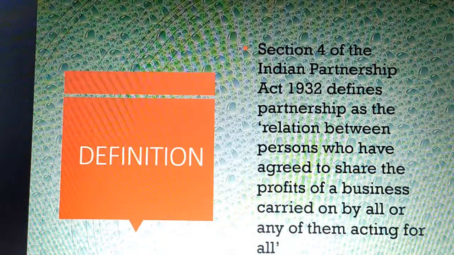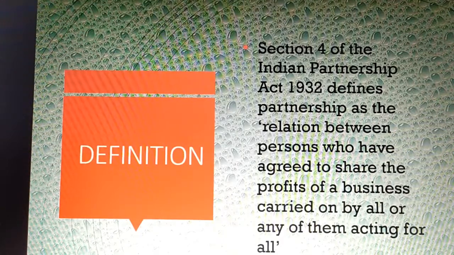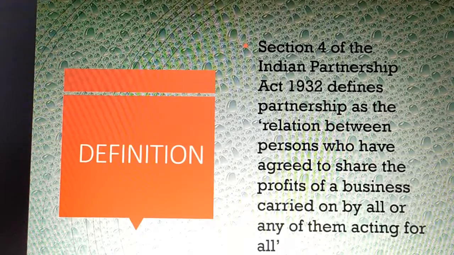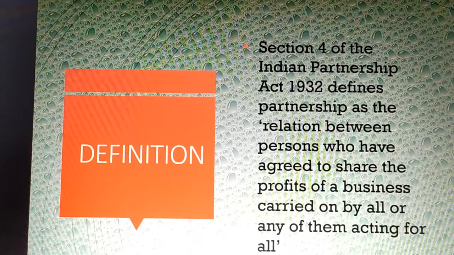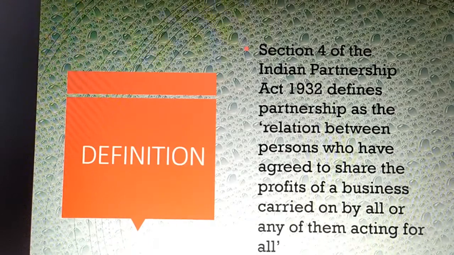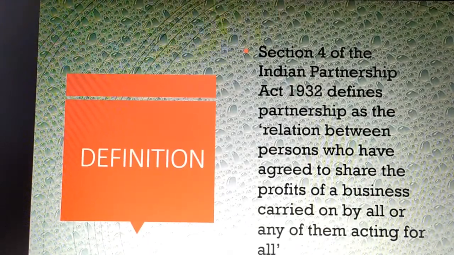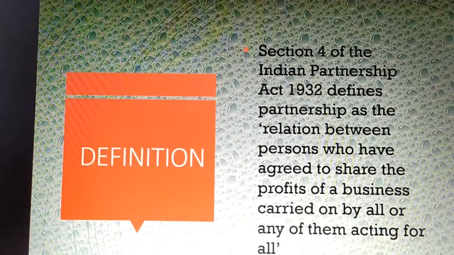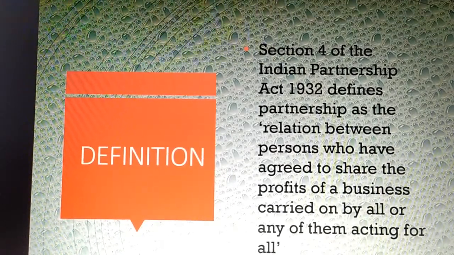Now to have a proper definition of partnership, Section 4 of the Indian Partnership Act 1932 defines partnership. How? The definition given by this section is: partnership is a relation between persons who have agreed to share the profits of a business carried on by all or any one of them acting for all. So the definition is defining partnership, and through the definition we can bring out the different features of partnership.